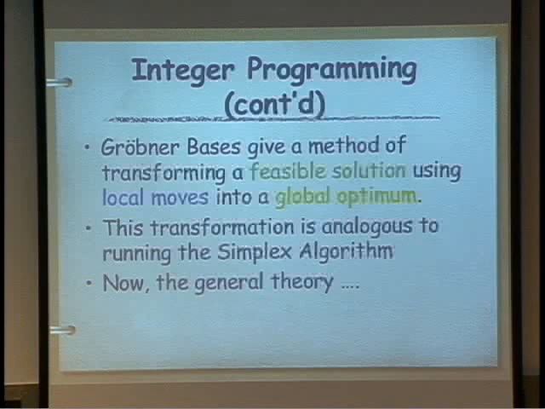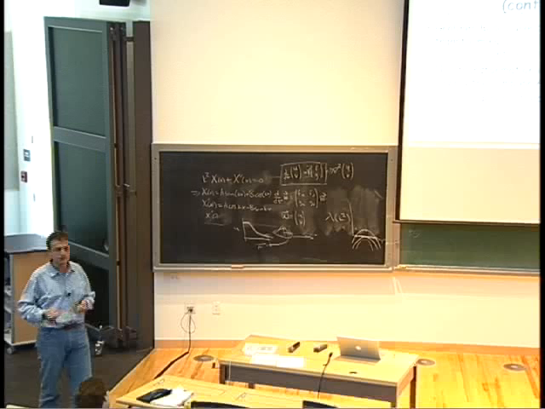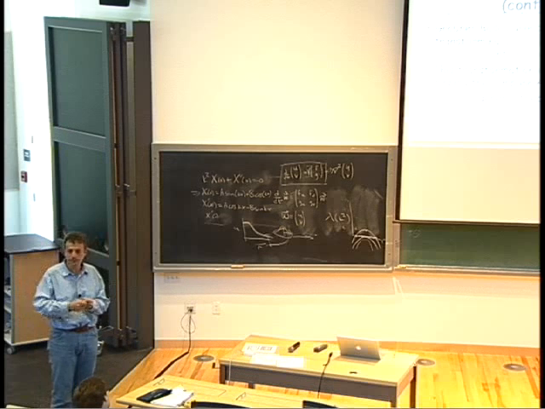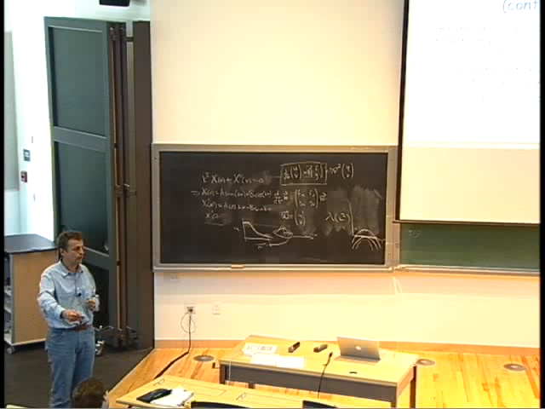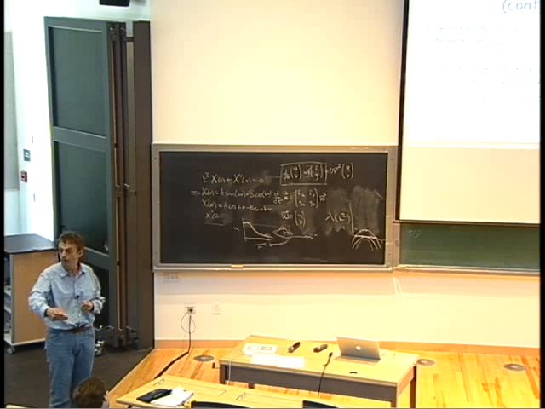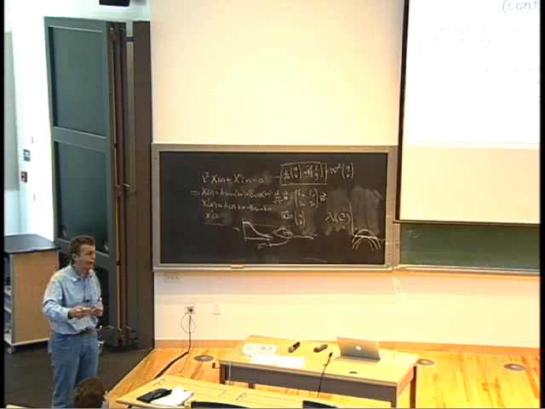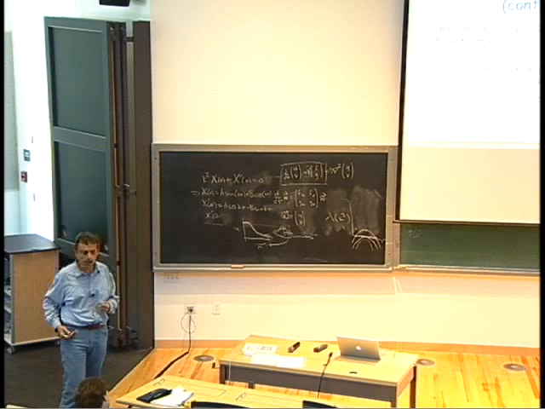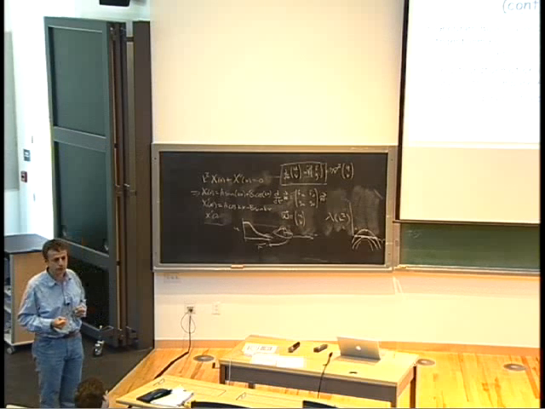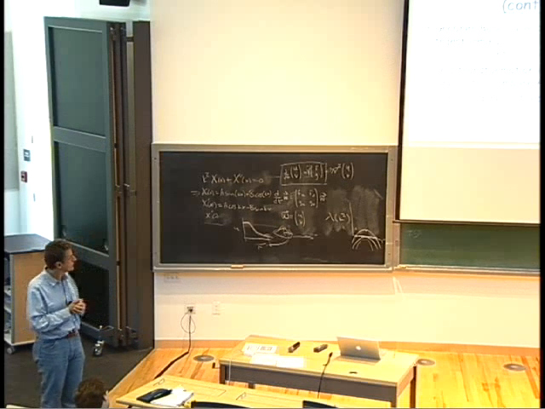So the Gröbner basis gives a method of transforming a feasible solution using local moves into a global optimum. We perform these rules in any order until we can't apply them anymore. And then the set is so good that it guarantees that no matter which bag of coins we started with, the result will be optimal. Okay?